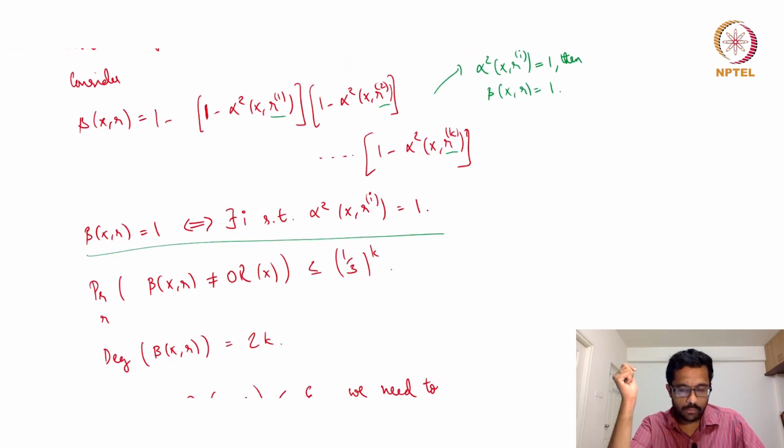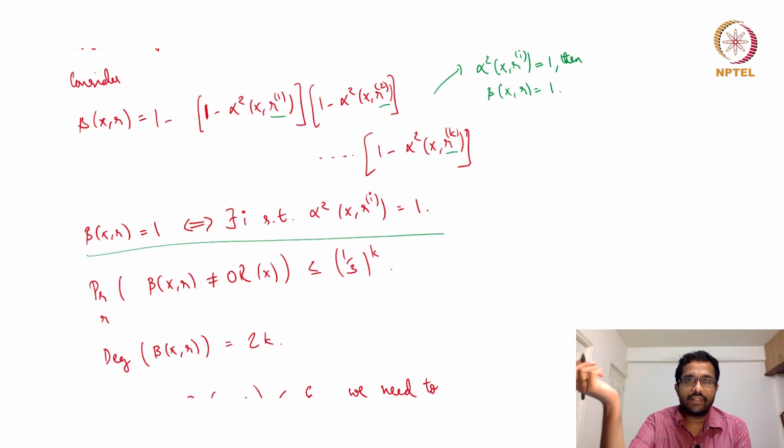Now the only probability of error happens when all the k trials, all the k times you get the wrong answer. The intended answer is 1, but you output 0 in all the k times.